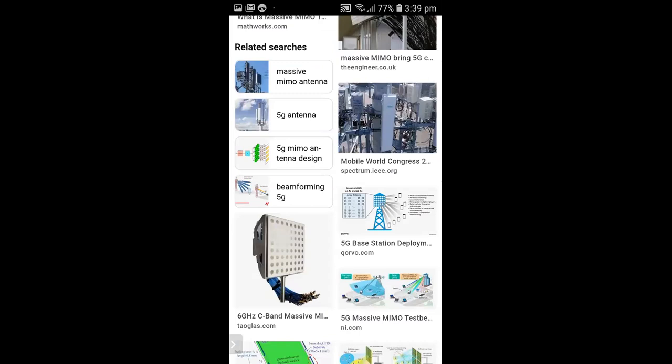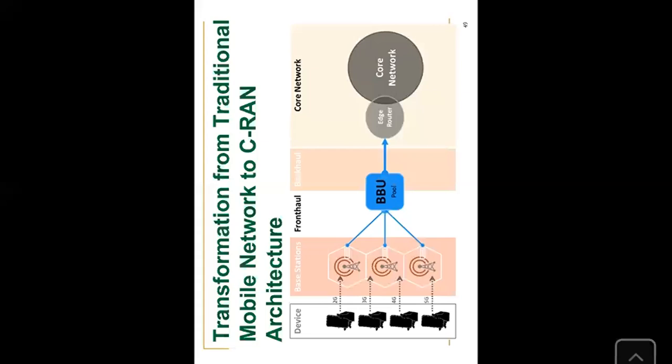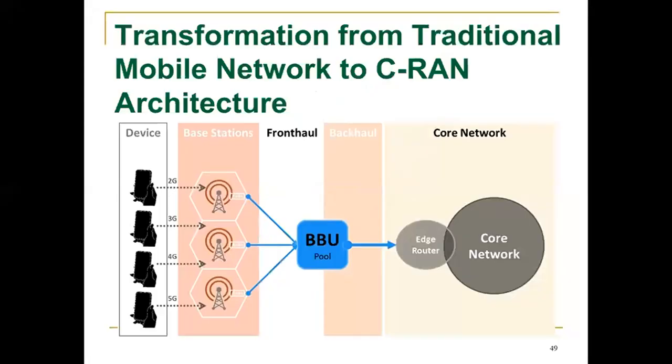So far what we have discussed is that now with MIMO antennas and beamforming and decoupling of the baseband unit, the cost of the base station for 5G is reduced tremendously. Now we can have a large number of simplified base stations compared to the base stations of 3G and 4G communication.